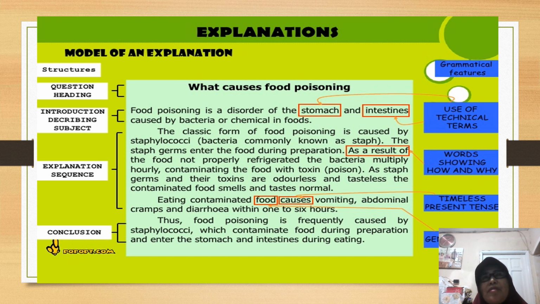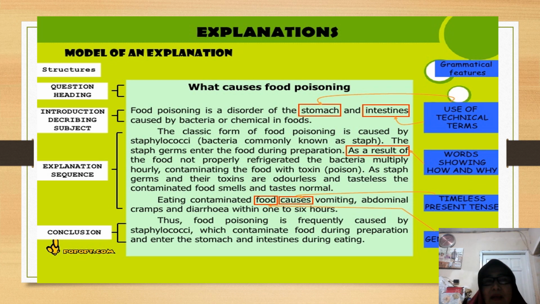It can be in terms of prepositions, conjunctions, or transitions. And then the timeless present tense, you can say causes. In here it's simple present. And then generic nouns or generic terms like food.